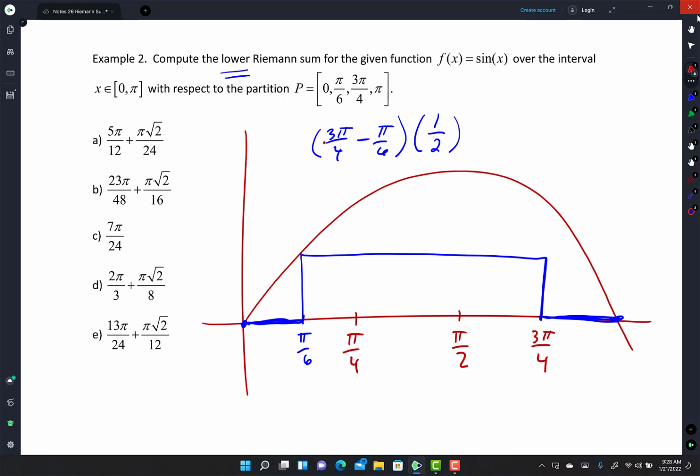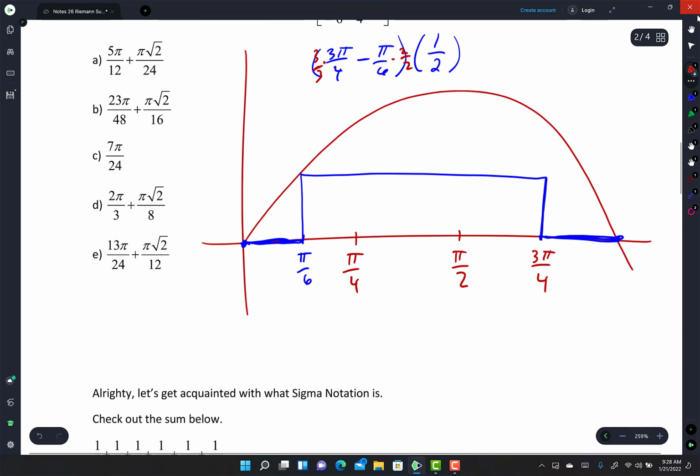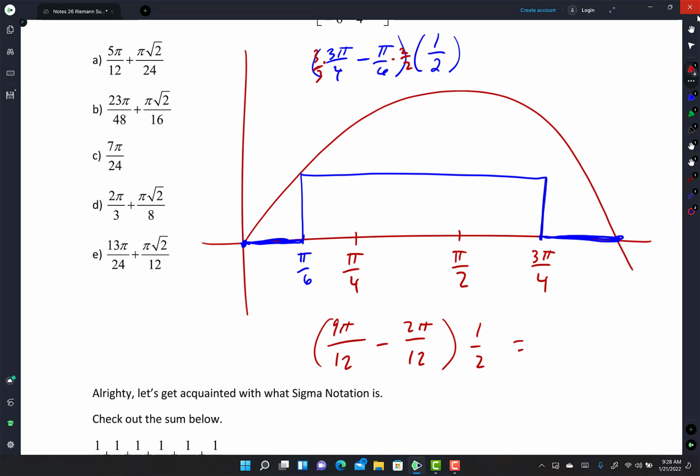What's the common denominator? 12. So this times 3 over 3, and this times 2 over 2. So I get 9 pi over 12 minus 2 pi over 12. And remember, we still have to multiply that by half. So 9 minus 2 is 7 pi over 12, times half, so 7 pi over 24.